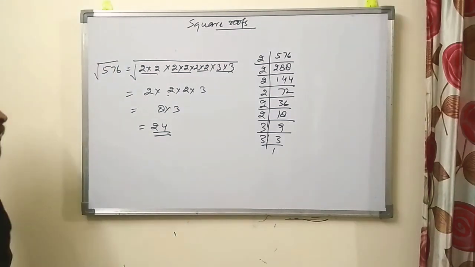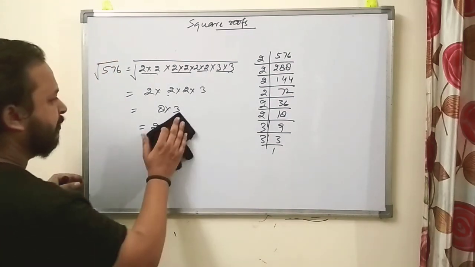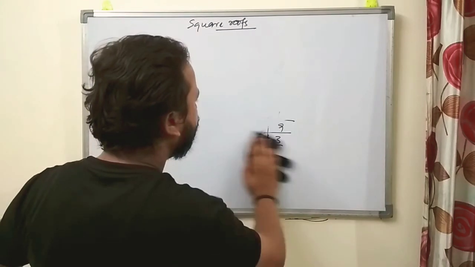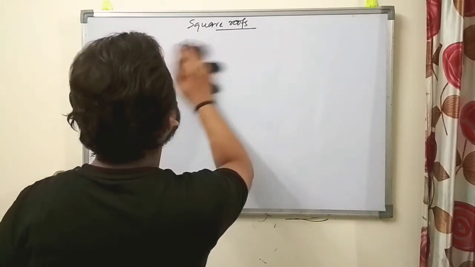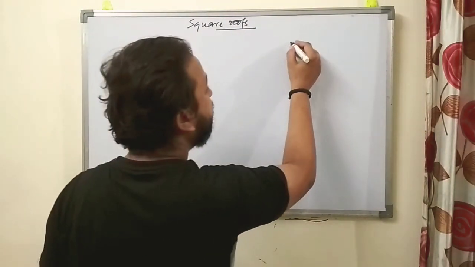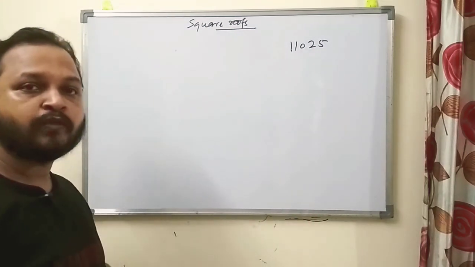The other method of finding the square root is the long division method. I am taking the example of a number 11025, and you have to find its square root.